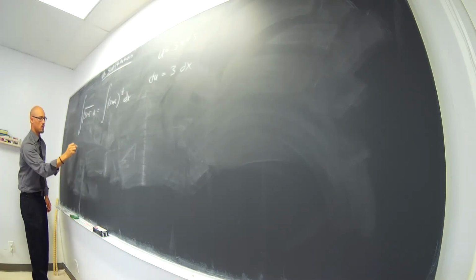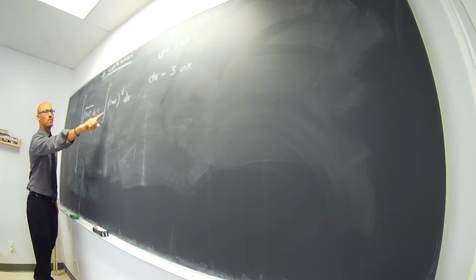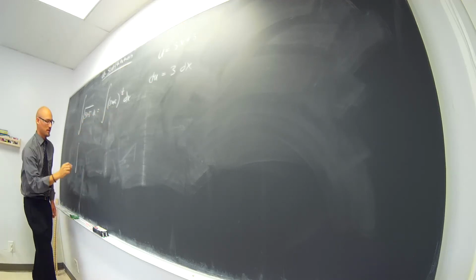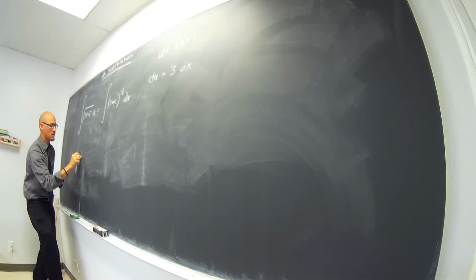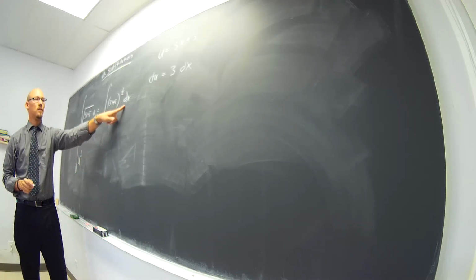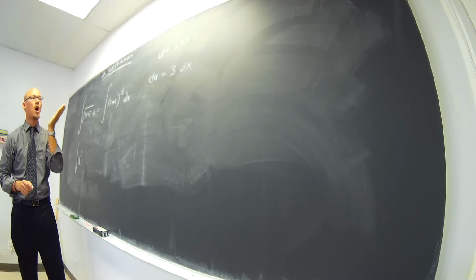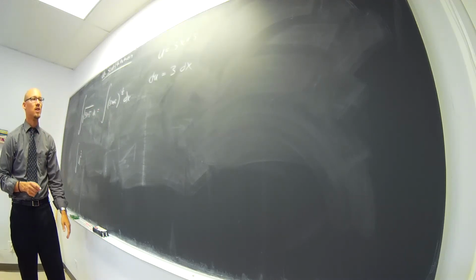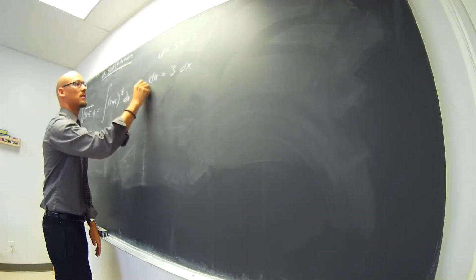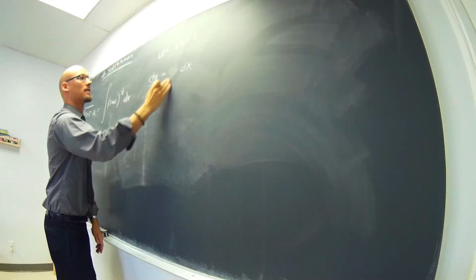So the integral is going to be u to the half, and now this dx, multiplied by 3. How about let's find out what dx is equal to. dx is that, isn't it? Okay, so let's replace dx.